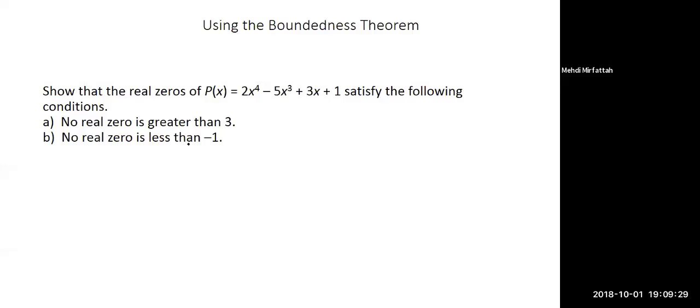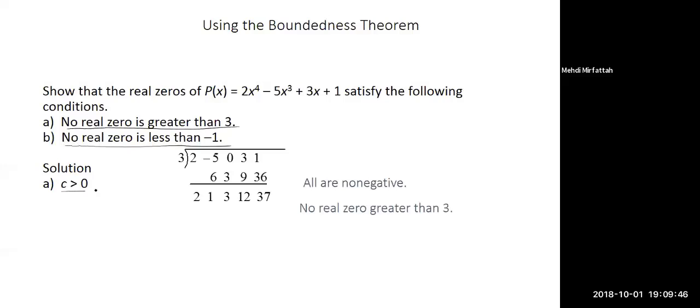Okay, basically we need to set up the synthetic division and look at it. If you look at the first one, it says no real zero is greater than 3, or for part B, no real zero is less than minus 1. Now in this case, c is greater than 0.